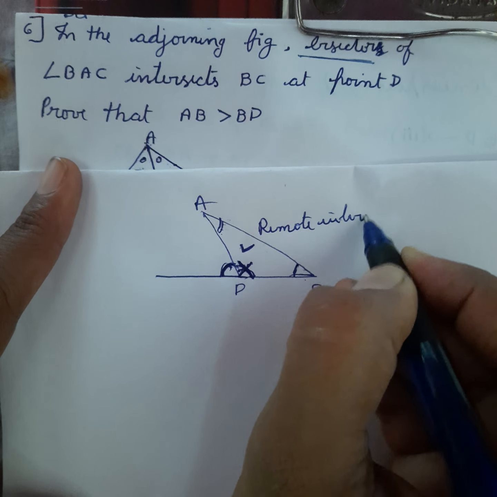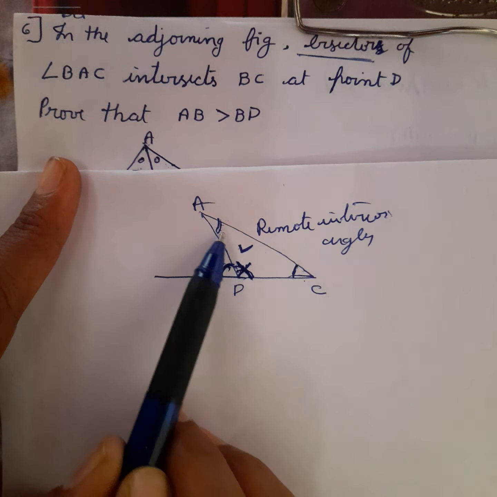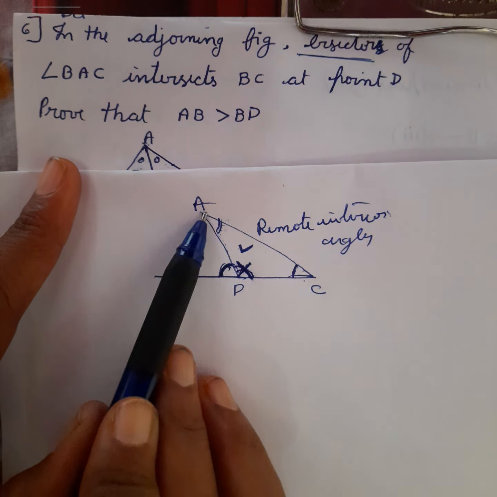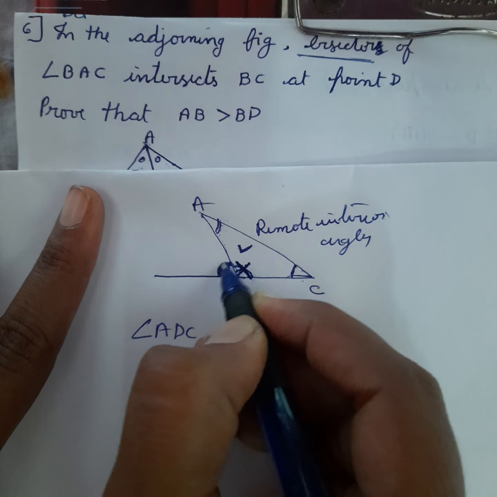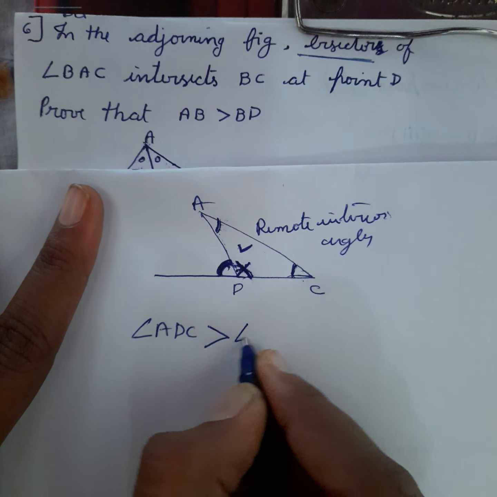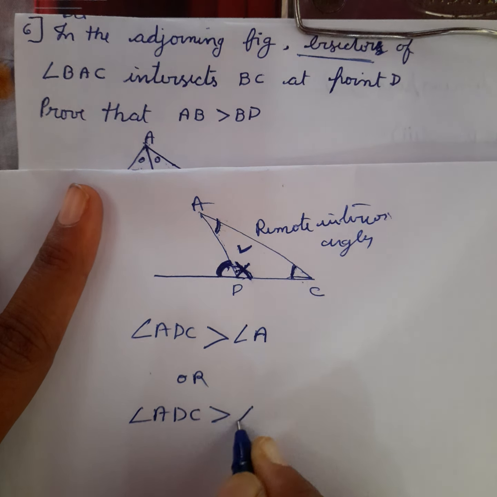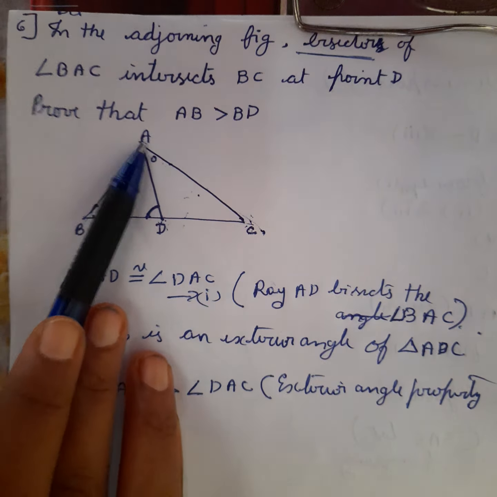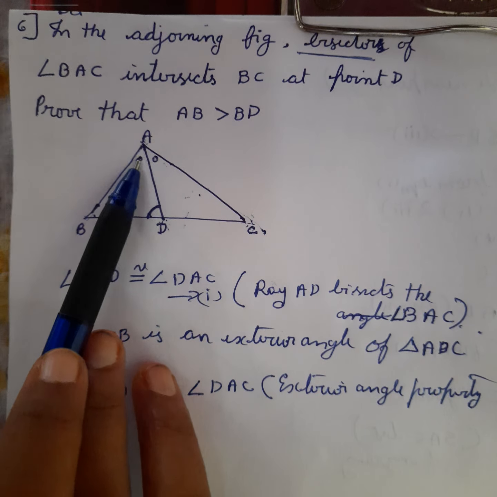Remote interior angles. So in triangle ADC, angle A and angle C are the remote interior angles, and the angle attached to the exterior is not considered. So always the exterior angle will be greater than a remote interior angle, either angle A or angle C. We can take any, but in this figure I am taking angle A, because here it is highlighted, this angle is the bisector.